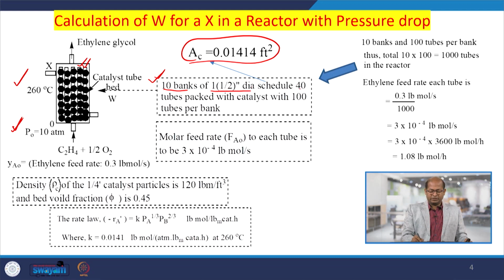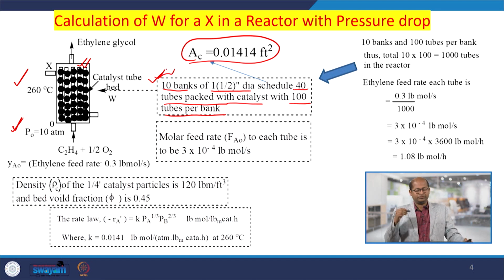They are schedule 40 tubes packed with catalyst, with 100 tubes per bank. There are a total of 10 banks, each with 100 tubes, so 100 times 10, that is 1000 tubes inside the reactor, filled with the catalyst.